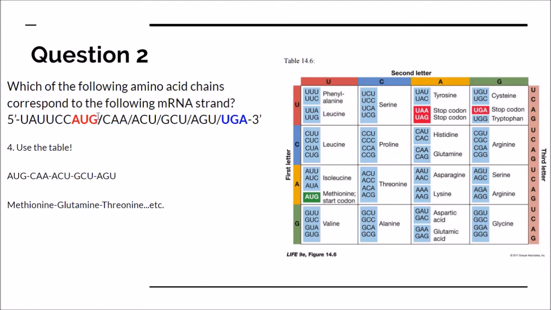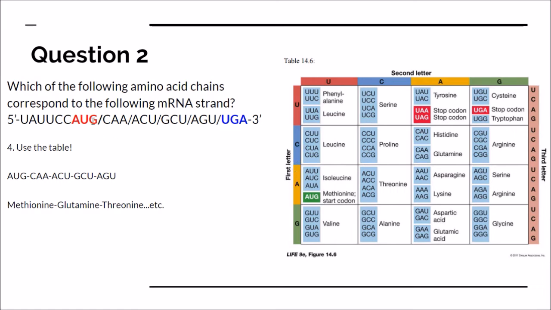Now AUG, you should know that that's methionine, but let's say you don't know that. What you want to do is go over to this genetic code table, also known as an RNA codon table, and you look at the first letter, which is always on the left side, and the first letter here is A, so you go to A, which is over here.